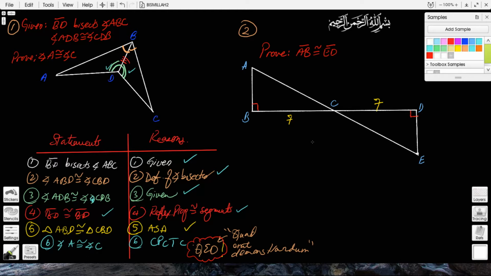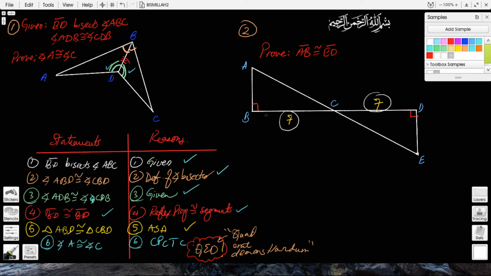Okay, let's do this next one. Here we're given the picture, and there are certain things that you can assume from a picture and certain things that you can't, as you recall. But here we're given this picture, and I stands out right there. Boom! I got right angles. That helps. So I'm thinking HL. Then we're given that 7 and 7.